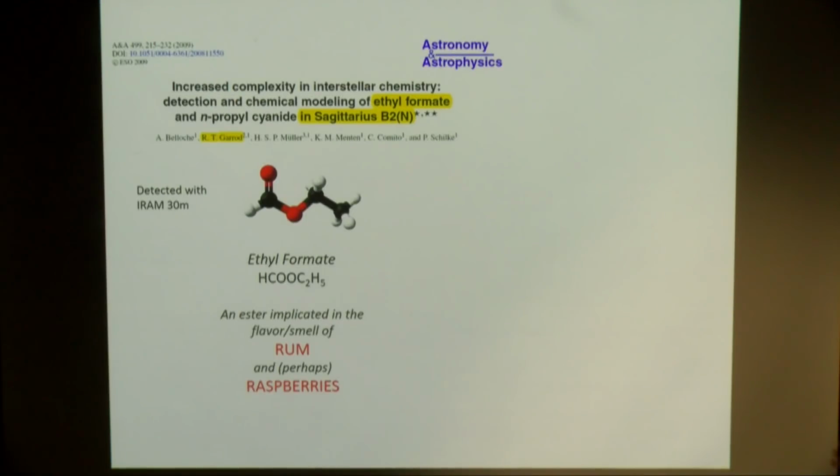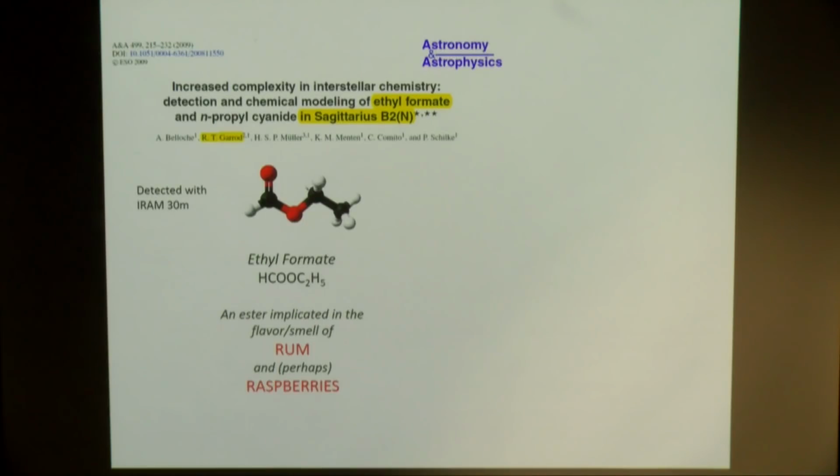In fact, I presented this work at a conference in the UK, and we got some press interest. Not, unfortunately, for the things that we were excited about, but because this is actually an ester that is implicated in the flavor or the smell of raspberries and rum.